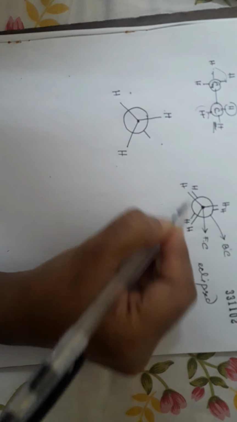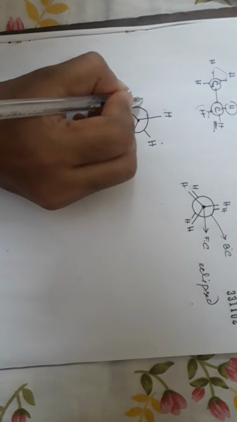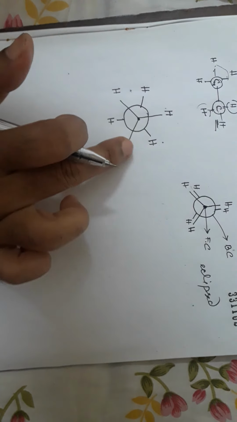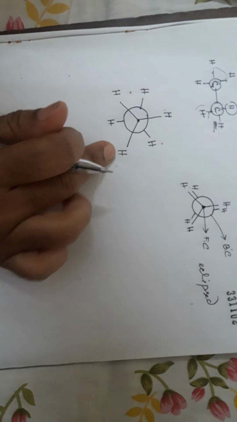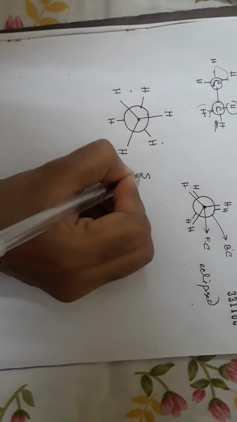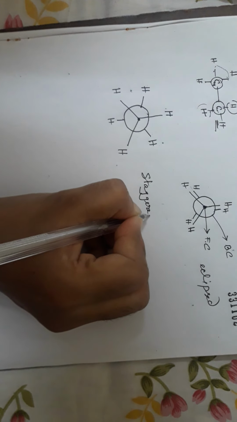This hydrogen and this hydrogen will be maybe in this position. So here the groups, the hydrogens are as far away from each other. So this structure is called as staggered conformation.